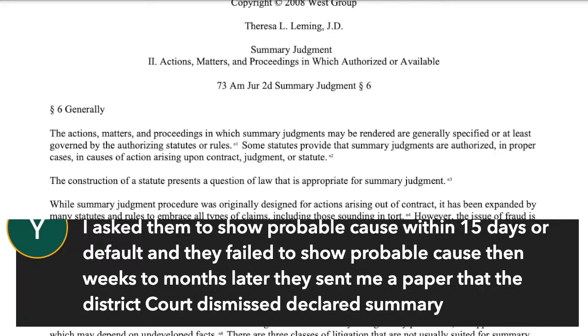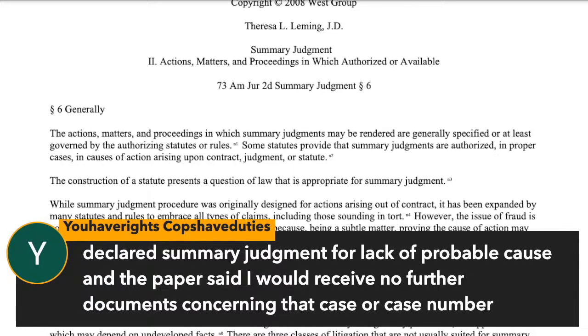Then weeks to months later, they sent me a paper that the district court dismissed, declared summary. And we spoke about summaries in our episodes on evidence in that series. Declared summary judgment for lack of probable cause, and the paper said I would receive no further documents concerning that case or case number. Wow.